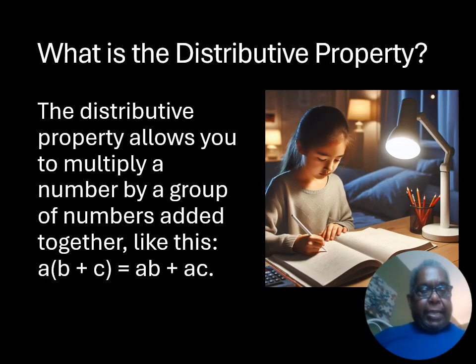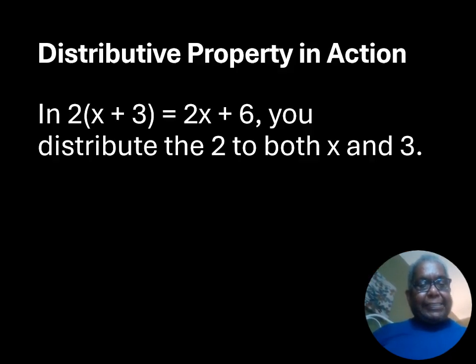The distributive property allows you to multiply a number by a group of numbers added together like this: a(b plus c) equals ab plus ac. So whatever this is, you're multiplying a by both terms. So here it is in action: 2(x plus 3) equals 2x plus 6.